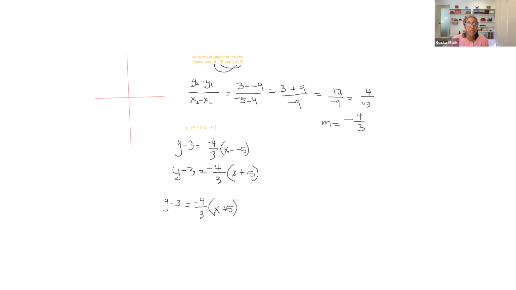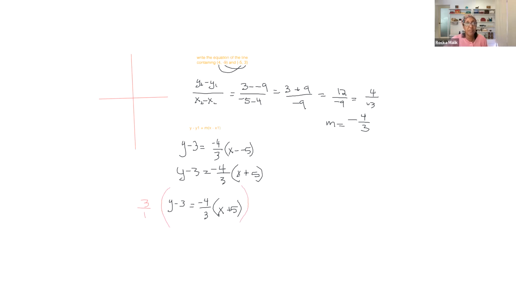So since I have a 3 here, I'm gonna multiply the whole equation by 3/1. Like everyone in the equation is gonna get multiplied by 3/1, like one big parentheses. Except for this guy. These guys are protected, okay? Because they have parentheses already.